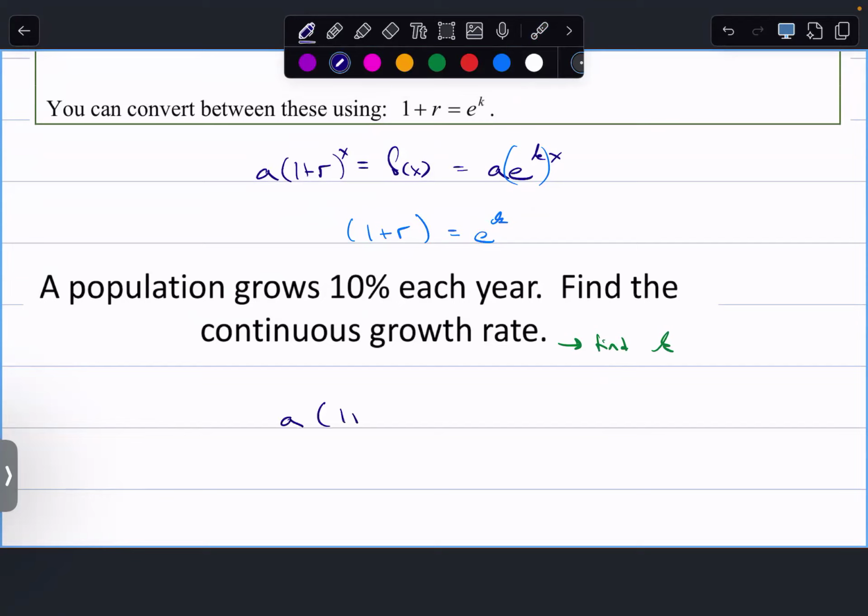A times 1 plus r to the power of x is A times e to the k, all to the power of x. Oops, I think I said times, but I meant power.